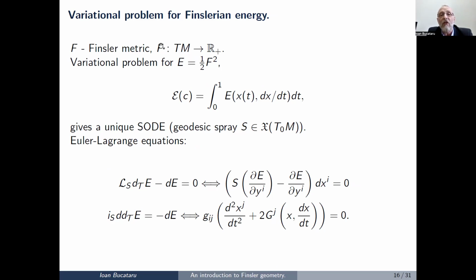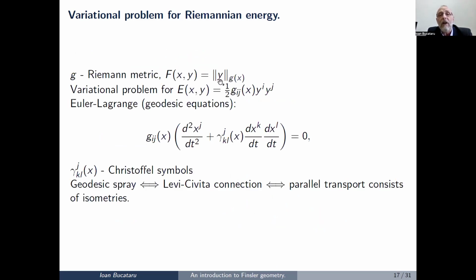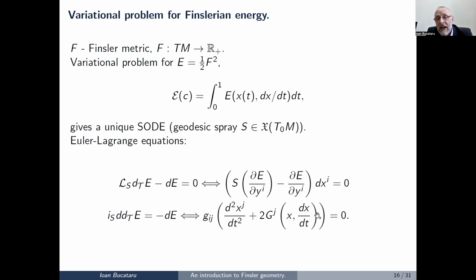The Riemannian context is when this form here is induced by a Riemannian metric. So if this F here is the norm induced by a Riemannian metric, in this case, the energy is this quantity here. And if you perform the Euler-Lagrange equation, you get these geodesic equations here.